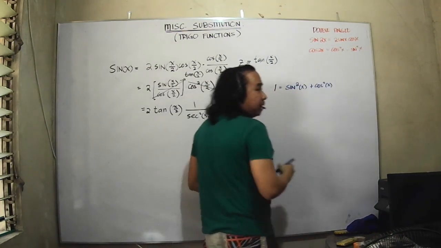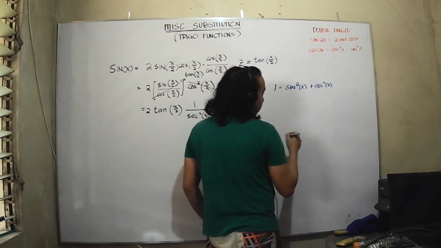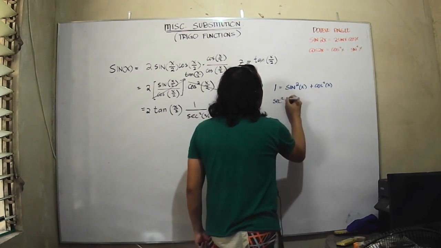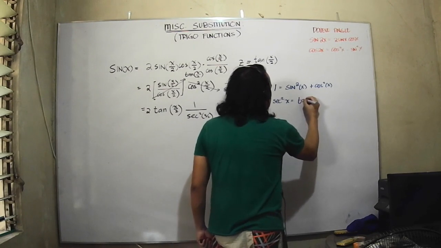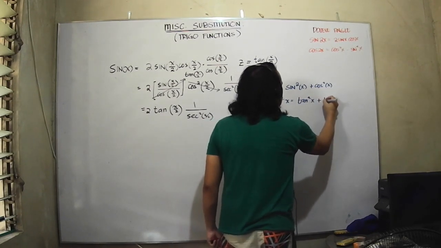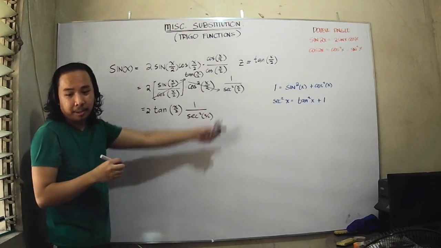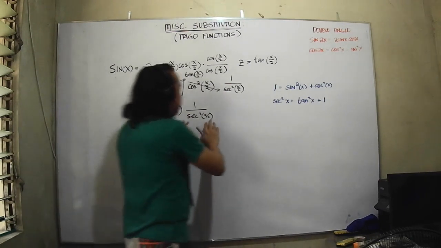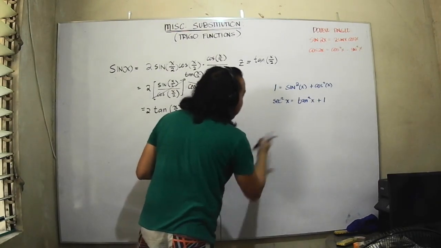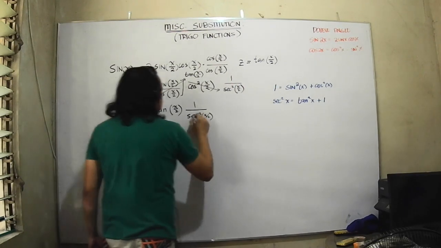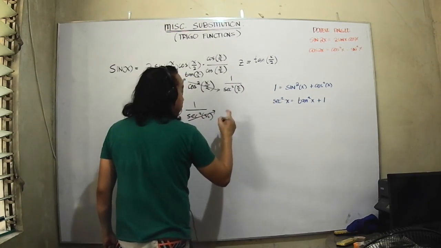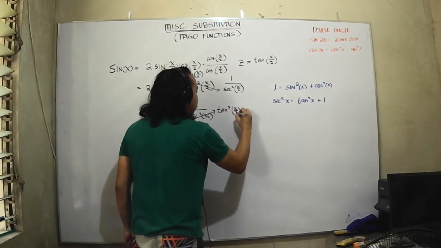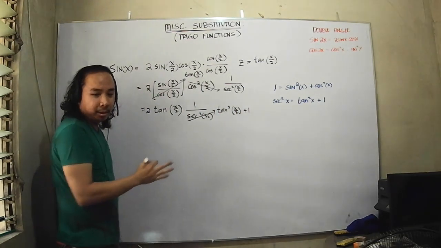If I divide everything by cosine squared, I get secant squared x is equal to tangent squared x plus 1. So secant squared in terms of tangent has this form. Likewise, secant squared x over 2 is ultimately equal to tangent squared x over 2 plus 1.